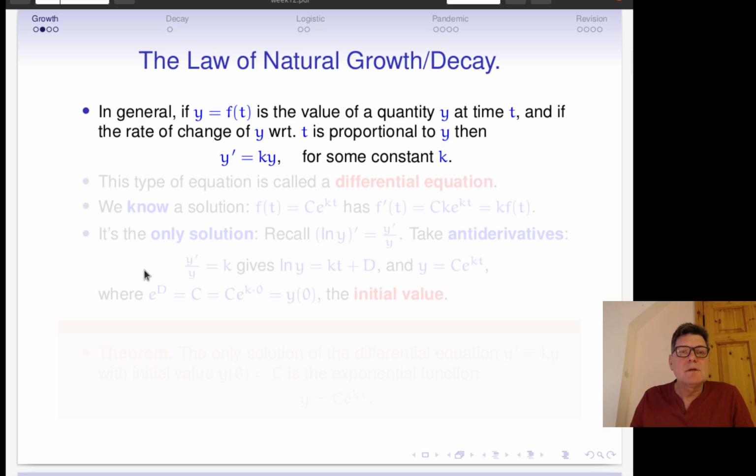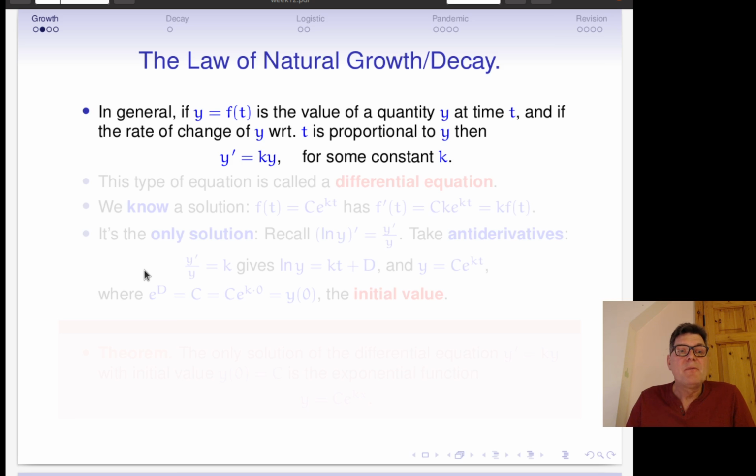Let's look at the underlying laws and equations. It's sometimes called the law of natural growth or the law of natural decay. So in the calculus setting, we're talking about a quantity y that depends on, say, time in the form of a function f of t.